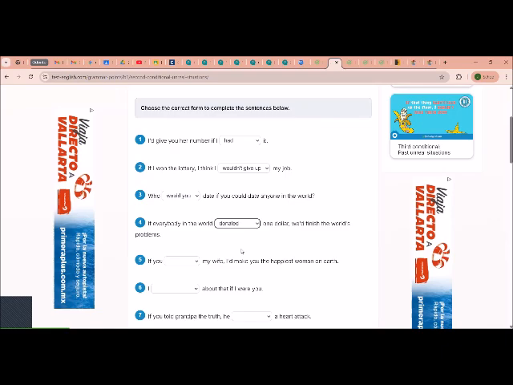If everybody in the world donated $1, we'd finish the world's problems. So if clause plus past simple, result clause, would, and the verb in the base form. Andrea, if your microphone works now, let us know and you can participate.